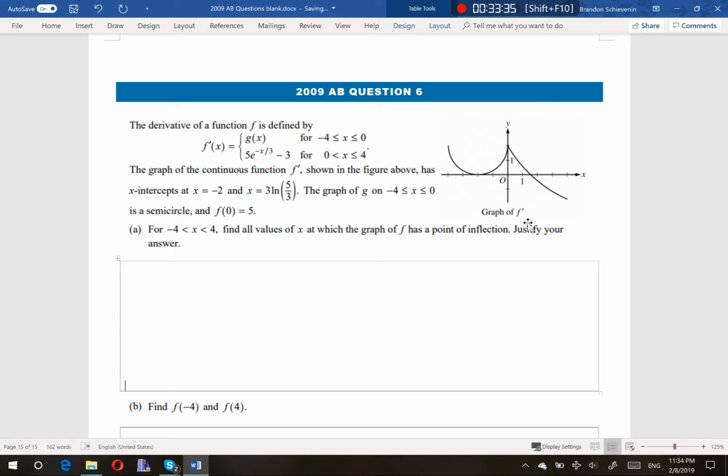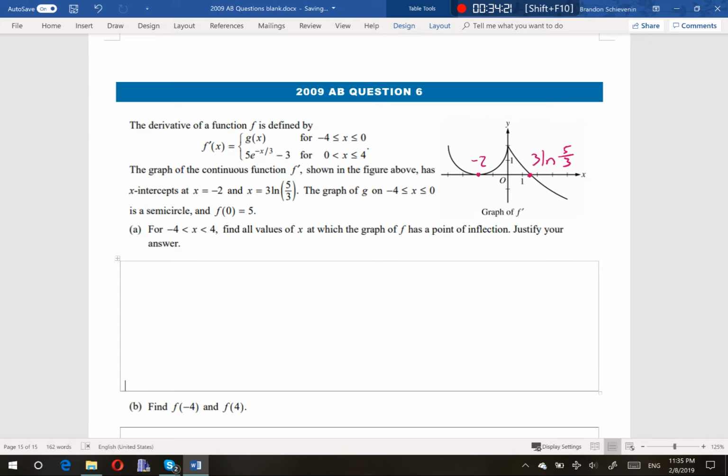Our continuous function of the derivative, we're not graphing f, is shown here. It has x-intercepts at negative 2 and at 3 ln 5/3. The graph of g between negative 4 and 0 is a semicircle, and we're told that f of 0 is 5. That's for the original function, though, not for this graph of our derivative.